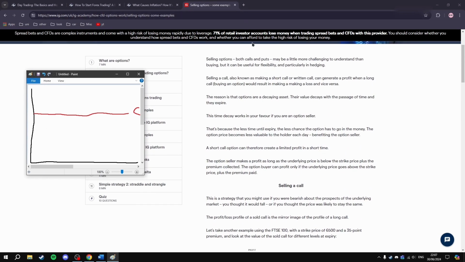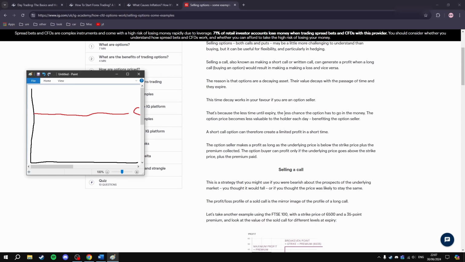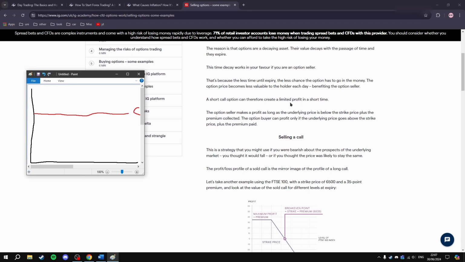How does that work? Shorting a call option.